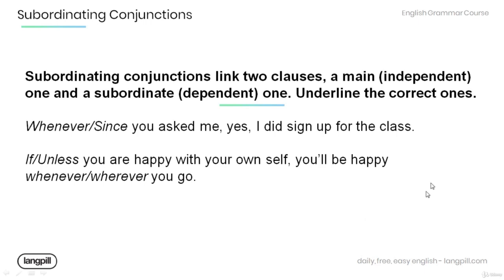Now read the following sentences and underline the correct ones. Whenever, since you asked me, yes, I did sign up for the class. Since. If, unless you are happy with your own self, you'll be happy whenever, wherever you go.